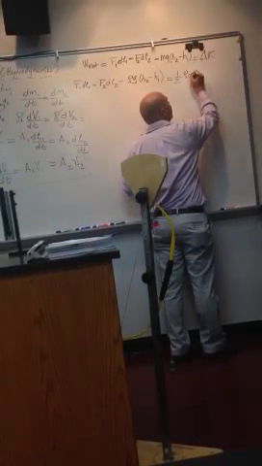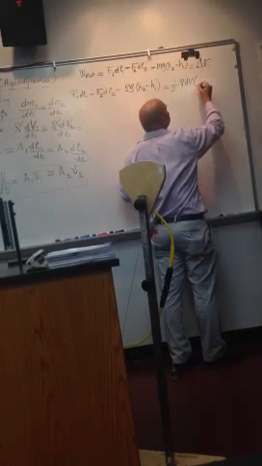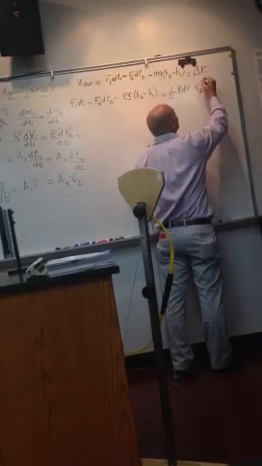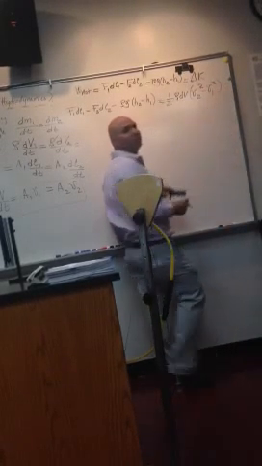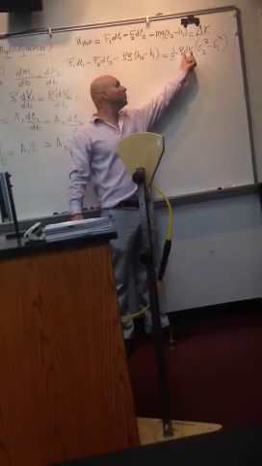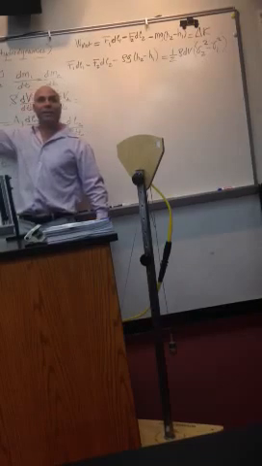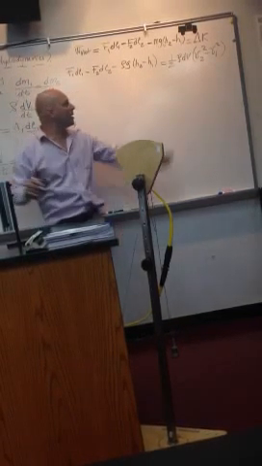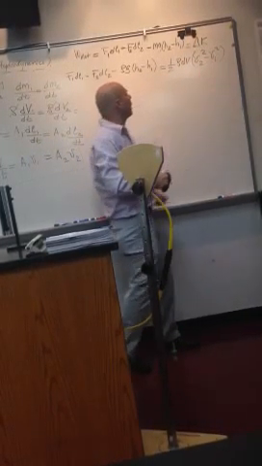Rho times the volume times (v2 squared minus v1 squared). This is the mass. But remember, it's the same dm going in as going out, so I can just factor out rho times dV, (v2 minus v1).